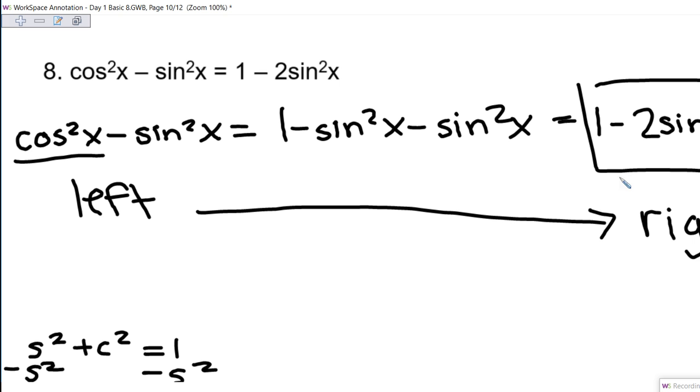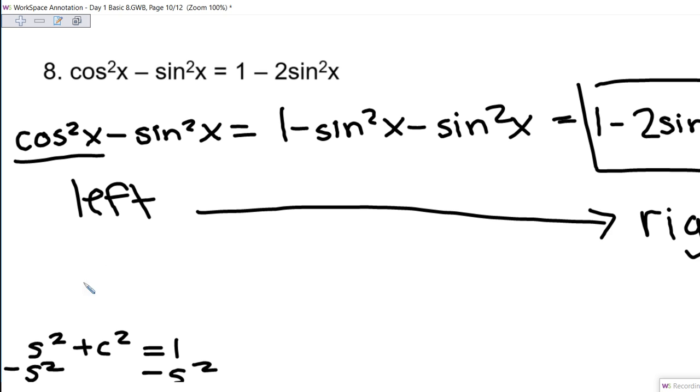What did we do? Well, we noticed in our answer we had a 1. So if you have a 1, it's going to be a derivative of the Pythagorean identity: sine squared plus cosine squared equals 1. We started with a cosine squared, but the answer does not have a cosine in it, so we had to get rid of the cosine.